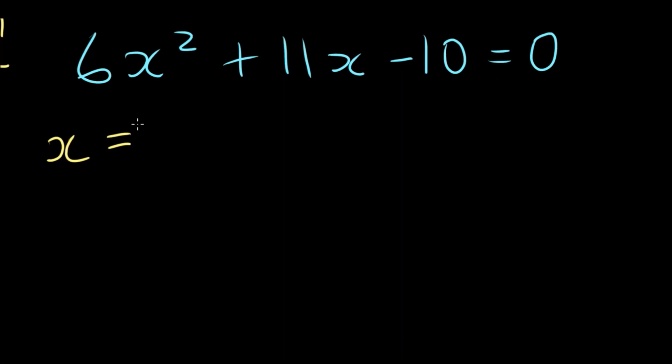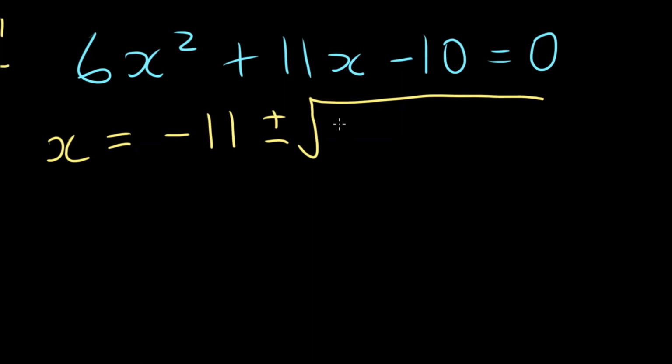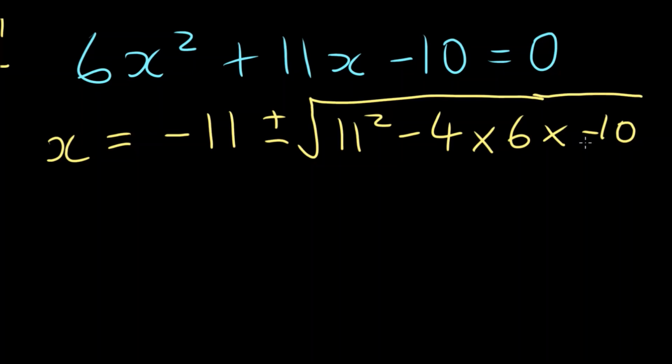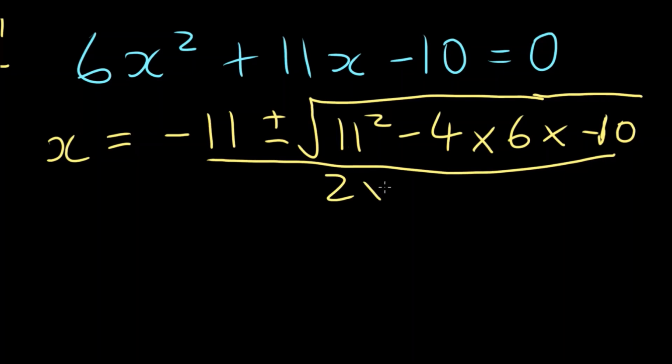x equals minus b, which is 11, plus or minus the square root of b squared, 11 squared, minus 4 times a times c, minus 10, all divided by 2 times a, 2 times 6.